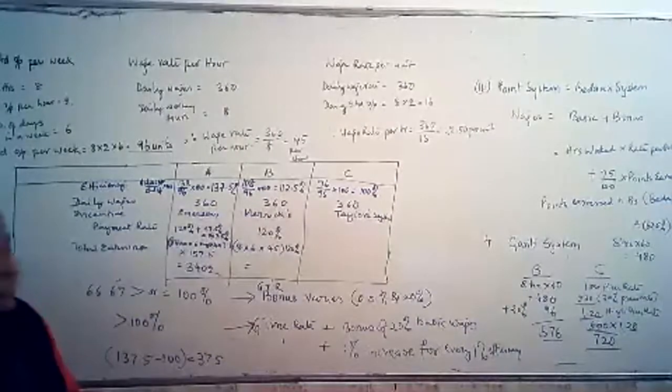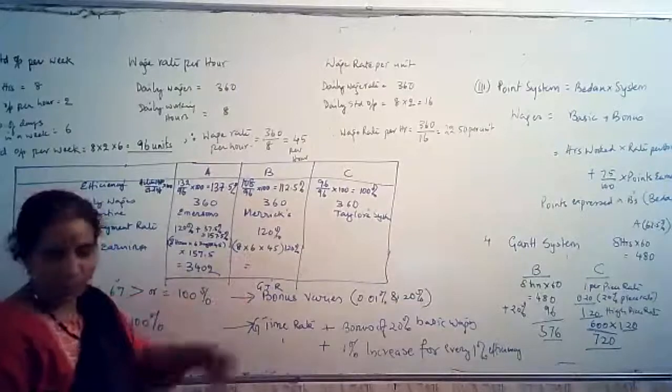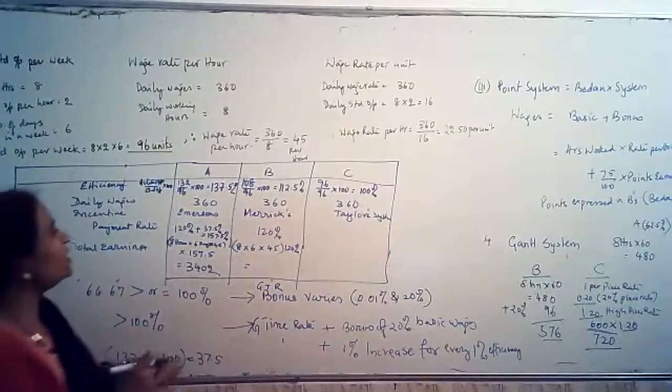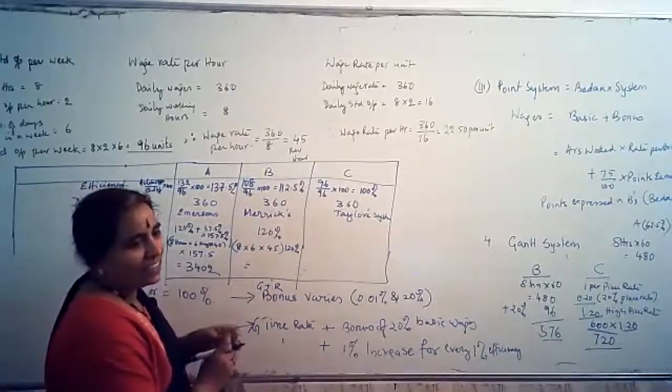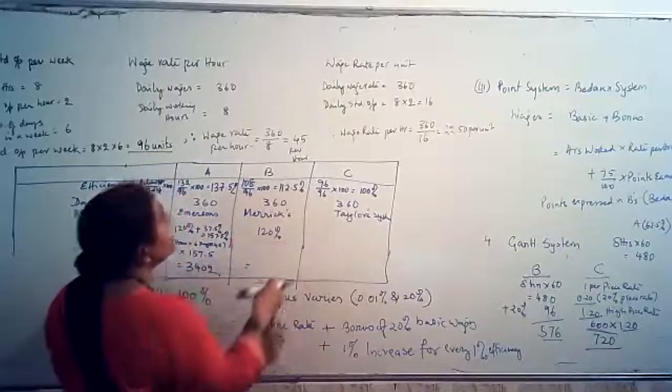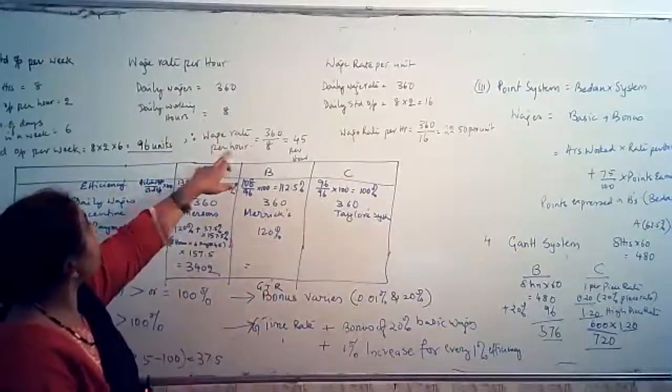It is not time rate, it is piece rate. I'm sorry about it. Merrick system is piece rate, not based on time. You need to find out how much is the piece rate here.